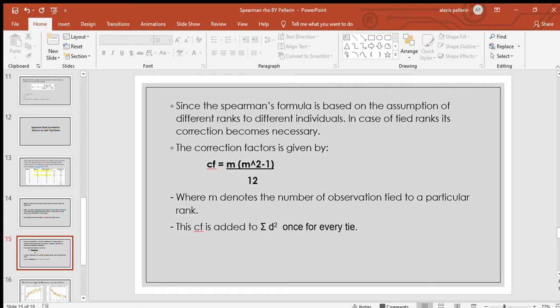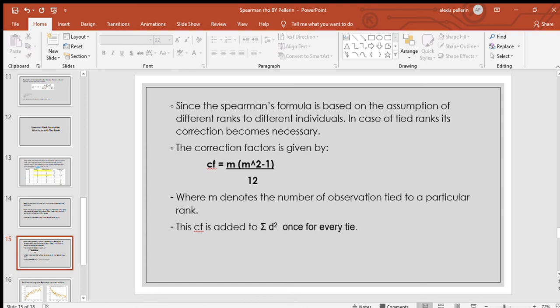So we have the correction factor formula. CF, or the correction factor, is equal to m multiplied by m squared minus 1, divided by 12.